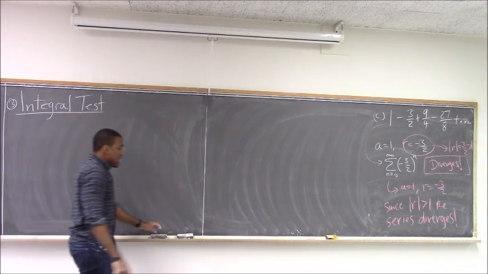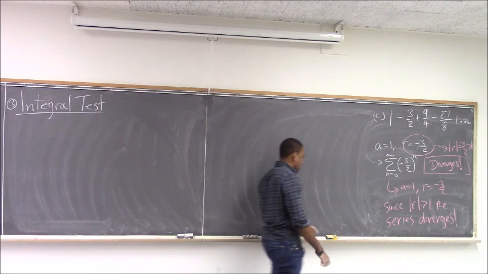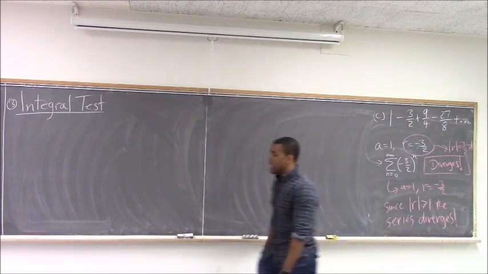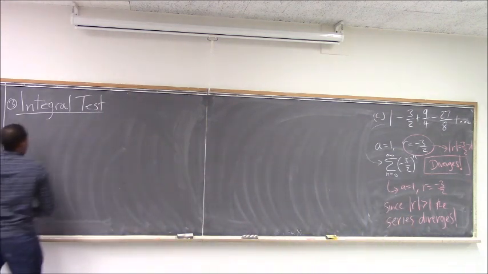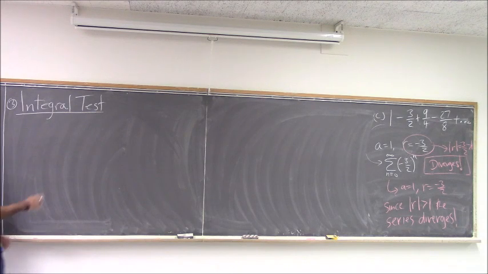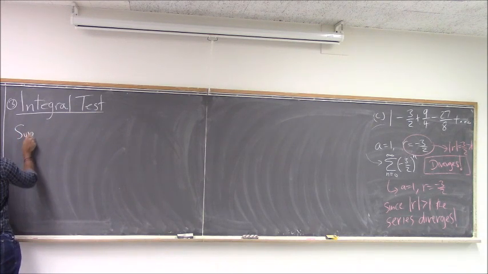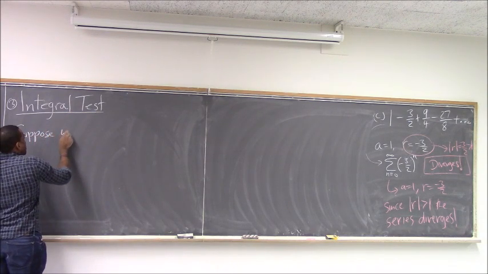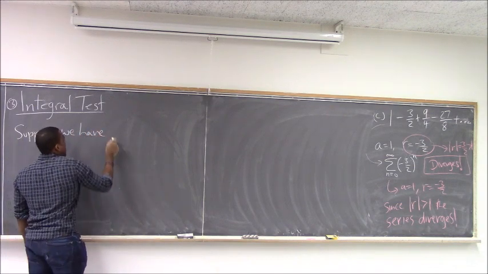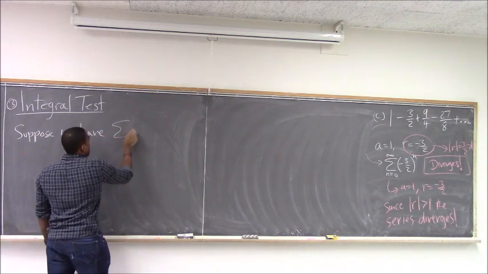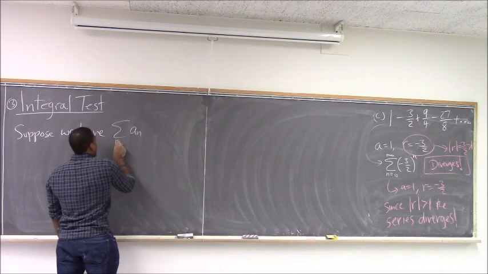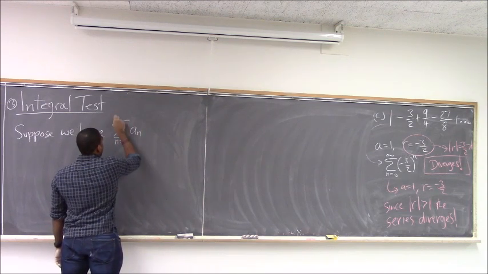So there is a way to actually use integration to talk about the convergence of series, and that's because of a very important thing. Suppose we have a series of a_n that goes from, say, 0 to infinity.